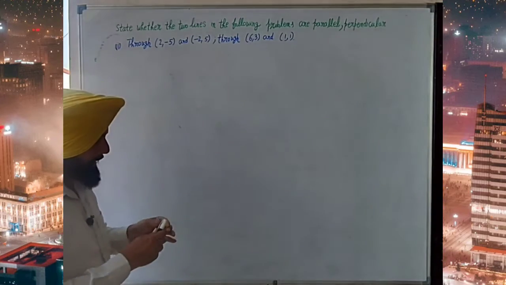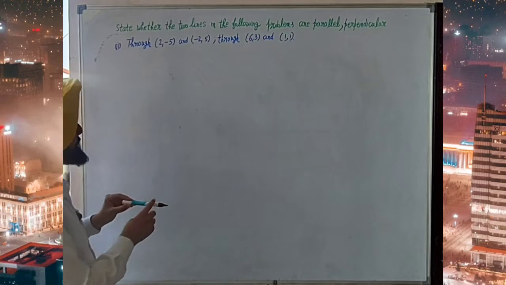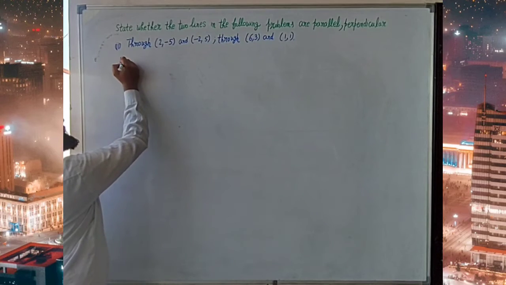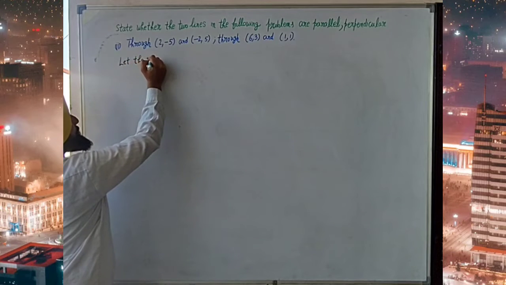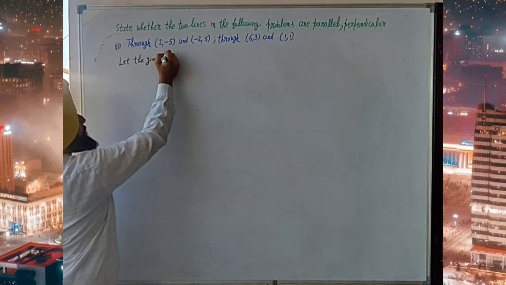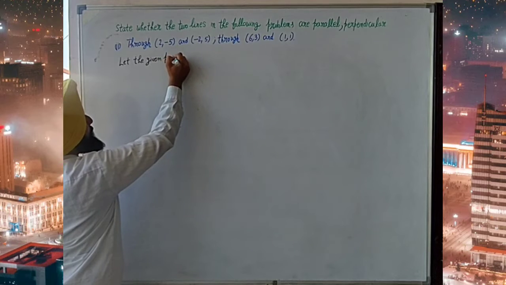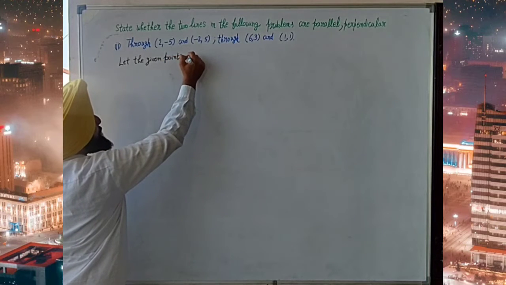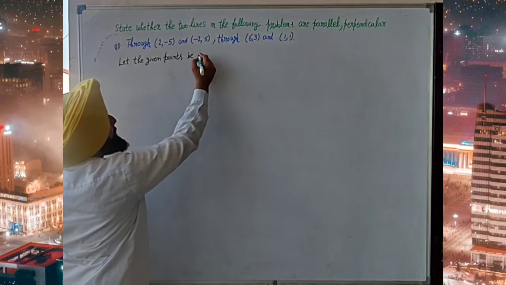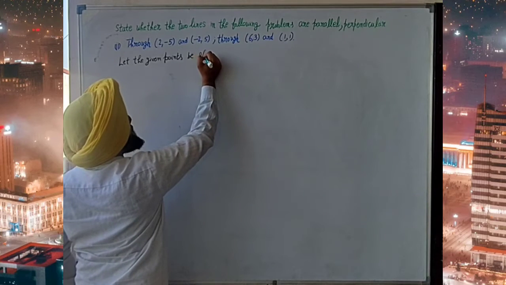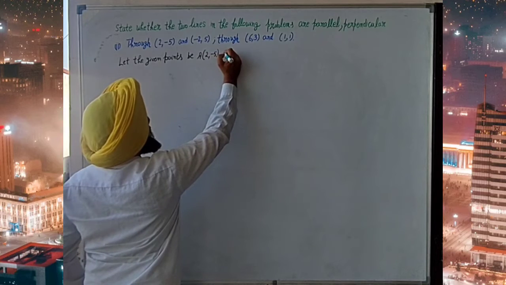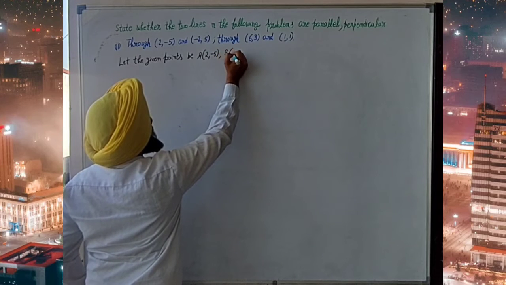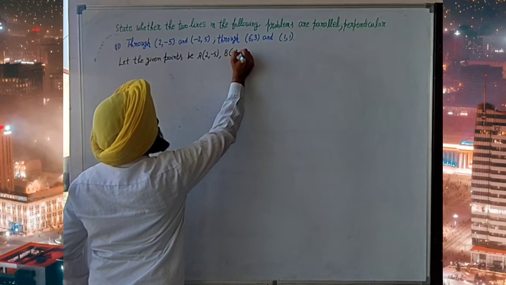Now let the given points be A, we named the first point A 2, minus 5, B minus 2, 5.